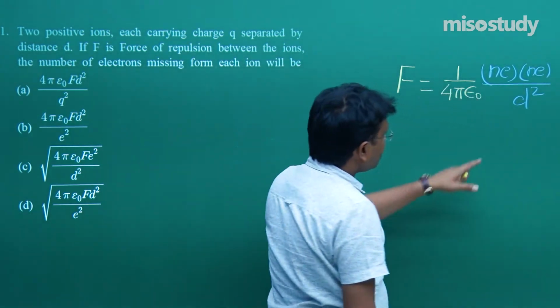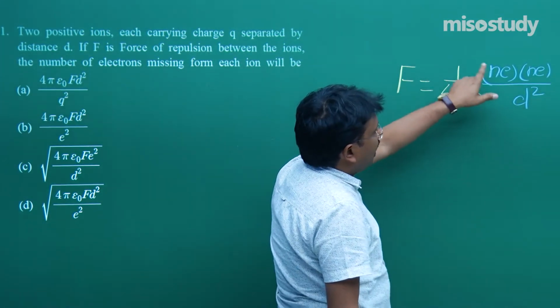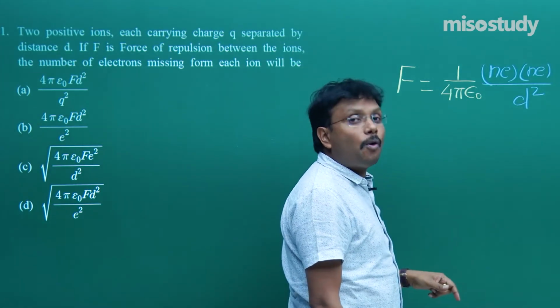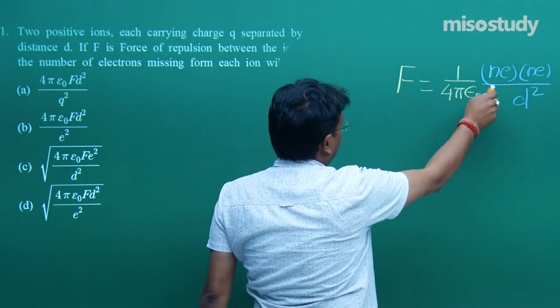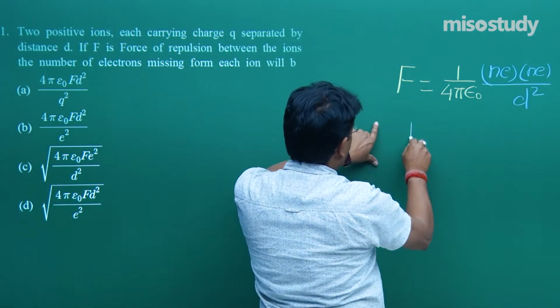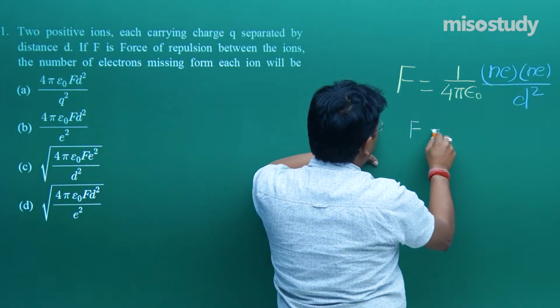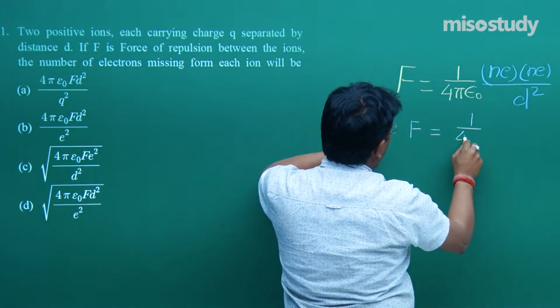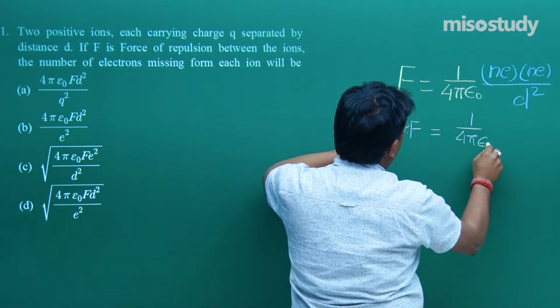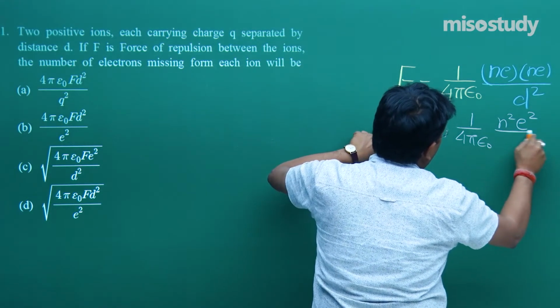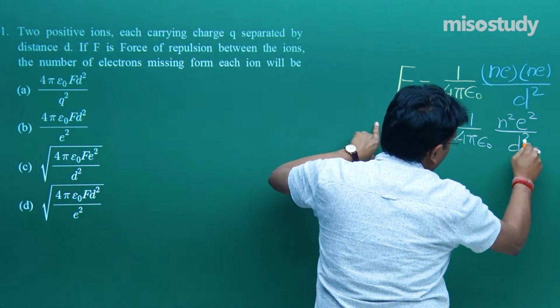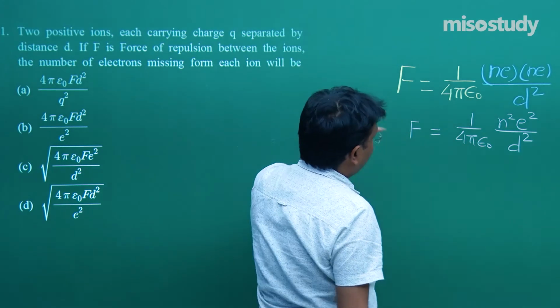Now, in just one line you will get the solution. How exactly can you find the solution? From here I can write 1 over 4 pi epsilon naught, N square e square upon d square. I hope no problem to anyone.